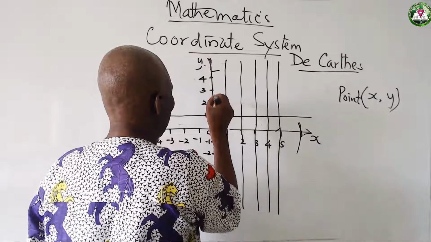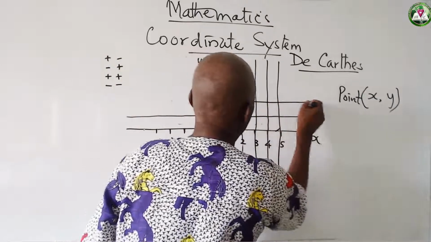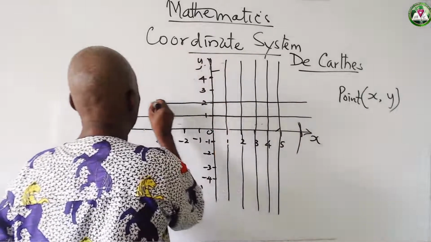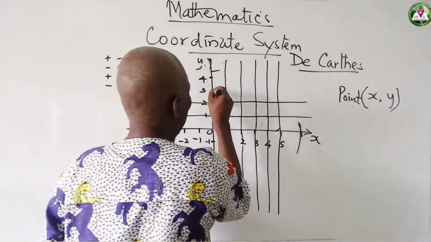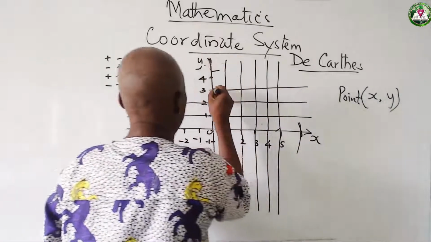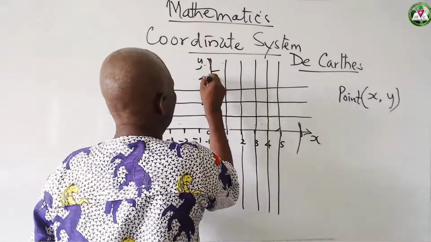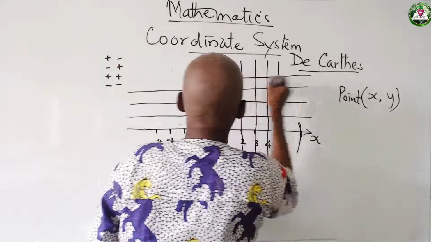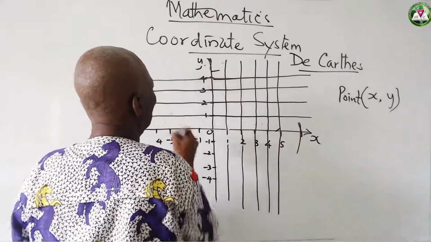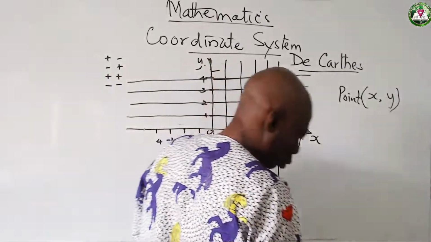Then y equal to 2 is here. Every line going that way, y is equal to 2. Here, y is equal to 3. Every line going that way, horizontal to the x-axis, was passing through the point in y. Here, for y equal to 4. Like that. That is what you see.